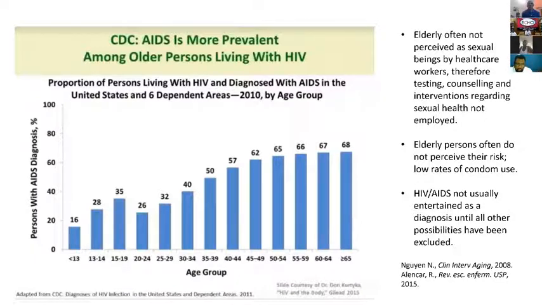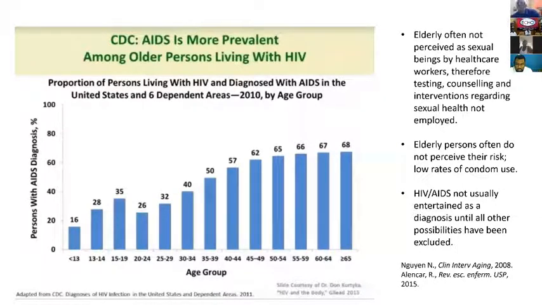And men similarly, right? HIV/AIDS is not usually entertained as a diagnosis in older persons until all other possibilities have been excluded. I'm sure the physicians in the room have had that sort of experience where someone comes to us after being sick for 4 or 5 months. They've been losing weight, fevers, they've had some night sweats, they have some rash, and they would have gone through a battery of tests looking for lymphoma, looking for diabetes, looking for all different types of cancer.